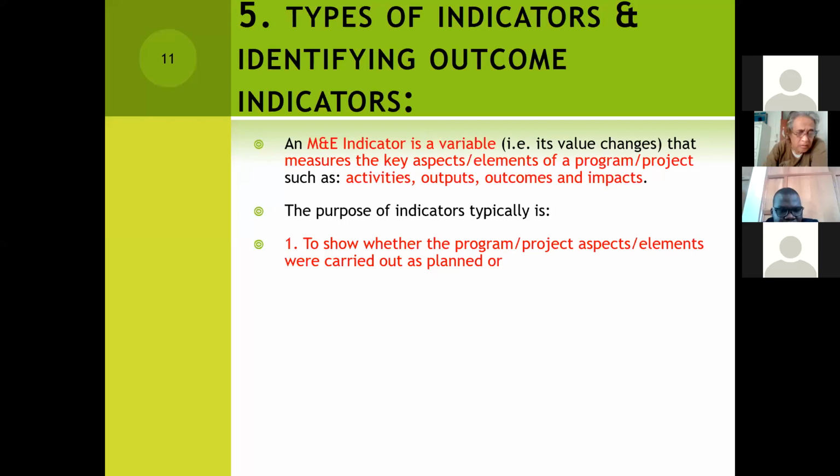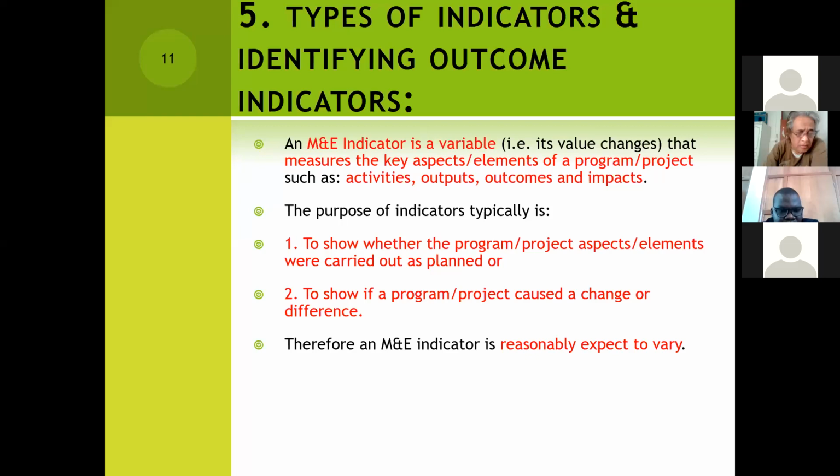And that really becomes very important to be able to see that. And one of the things that we also need to note about an indicator is the fact that indicators are reasonably expected to vary. That's something that we find a lot with many indicators.